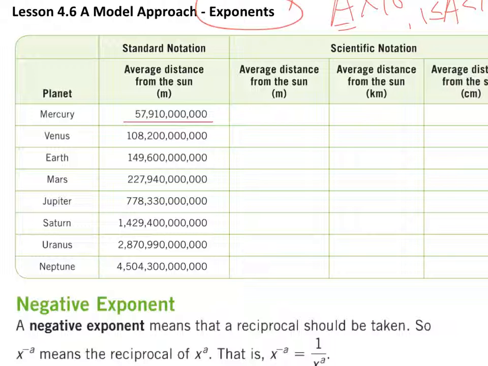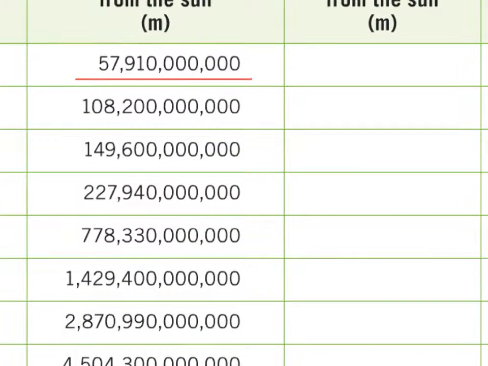Right now the decimal is right here. Where do you want it to go? It's going to be between 5 and 7. Then we count how many places it travels. Three zeros as a group, that's 3, 6, 9, 10 places. As the value of A, it should be 5.791 times 10 to the 10th power.